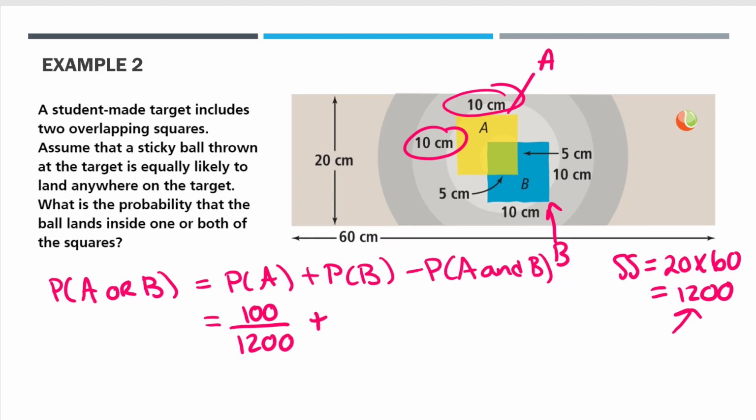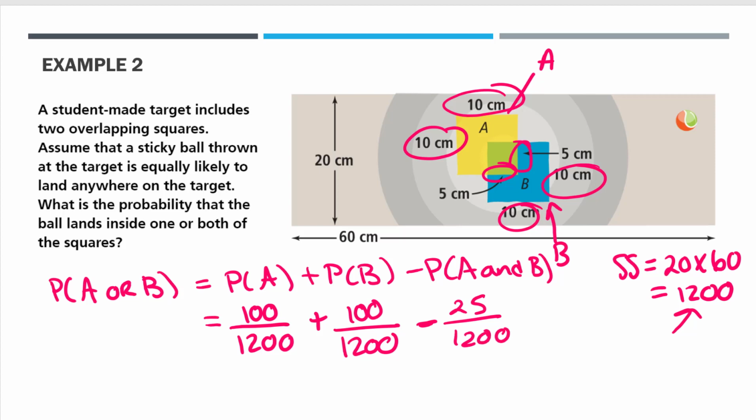B would also be 10 times 10, so we have 100 over 1,200. And then our overlapping part is 5 times 5. So 25 over 1,200.